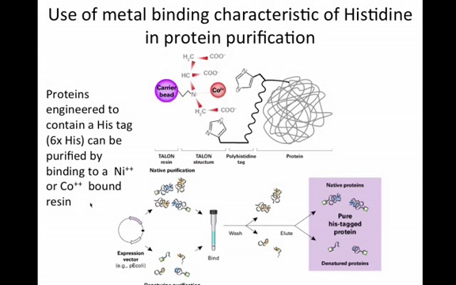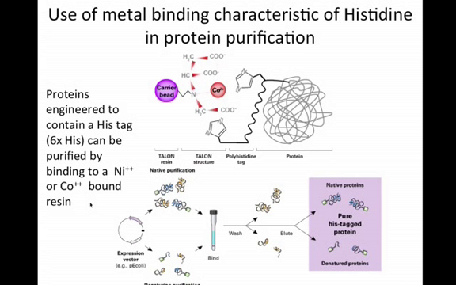Do you guys understand the connection between me saying zinc finger and this, or are you wondering why I'm talking about it? Yes. You're wondering what I'm talking about. Because I'm trying to illustrate the fact that some amino acids bind to zinc or bind to metal ions. The cysteine and histidine amino acids have properties that allow them to bind to metal ions.